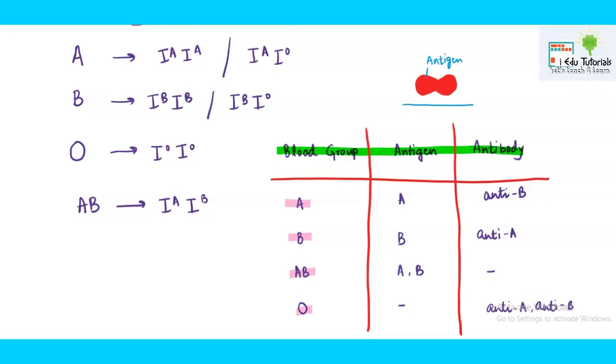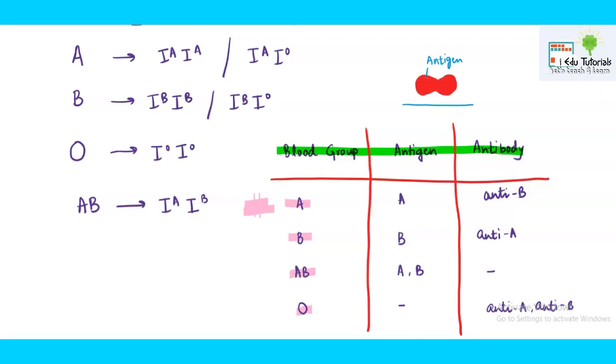That means A can have blood from an A individual, or A can have blood from O as well, right? Because O does not contain any antigen. But O cannot have blood from B or AB because they have different antigens in their blood.